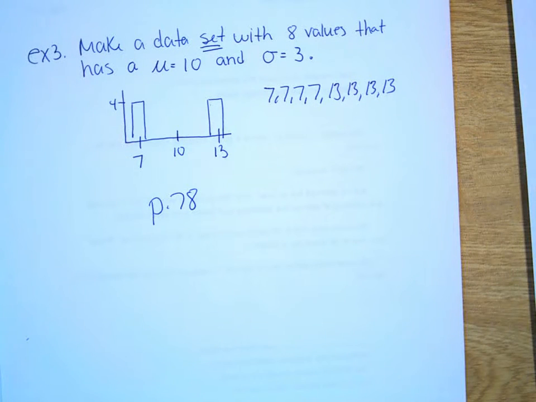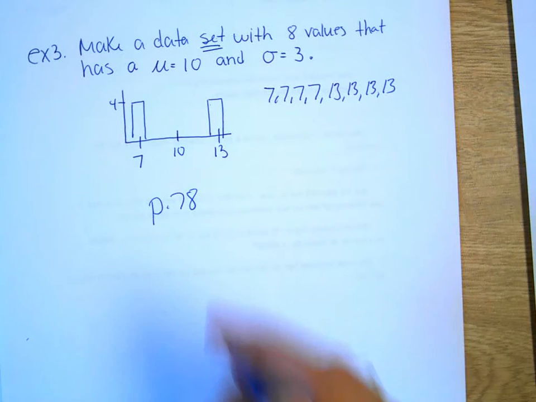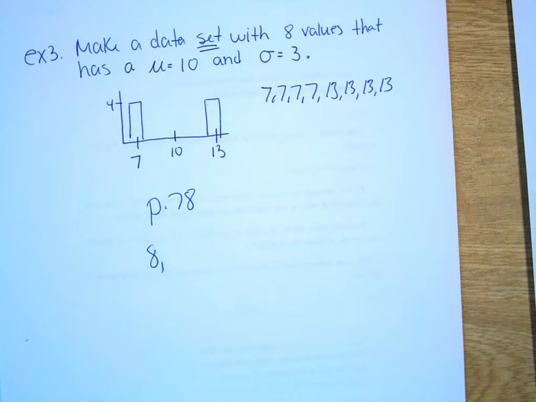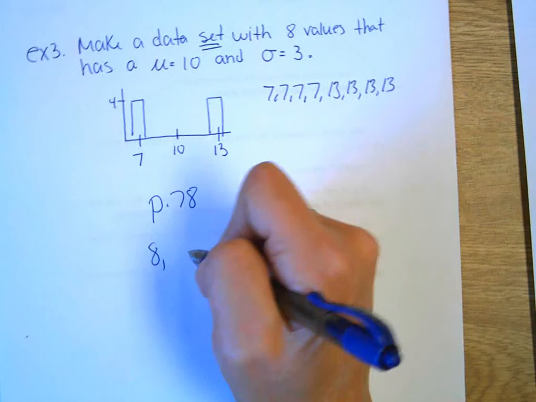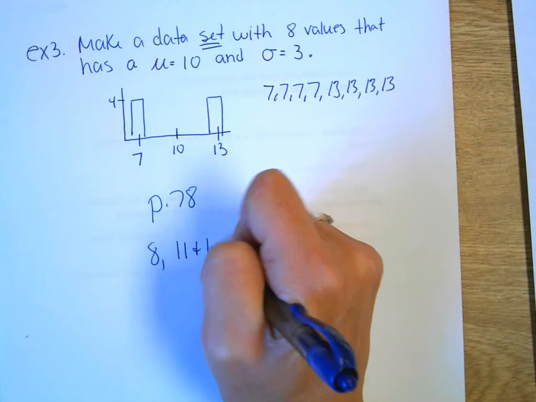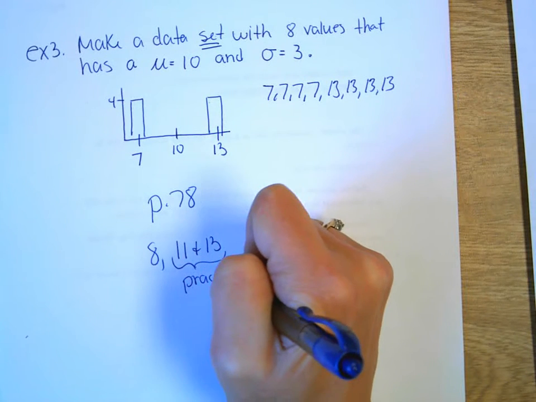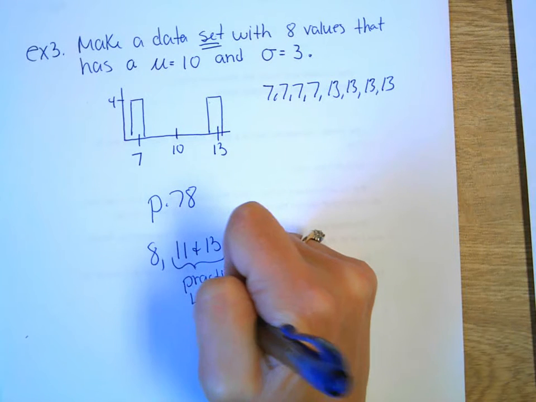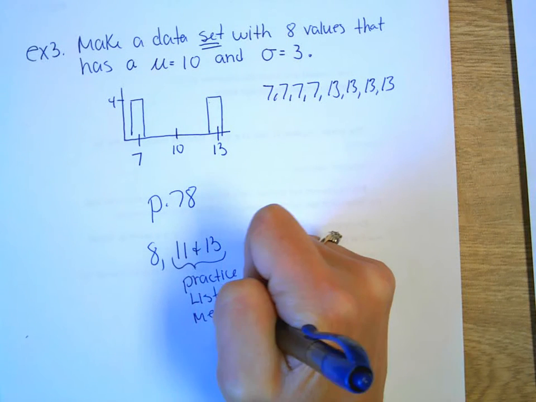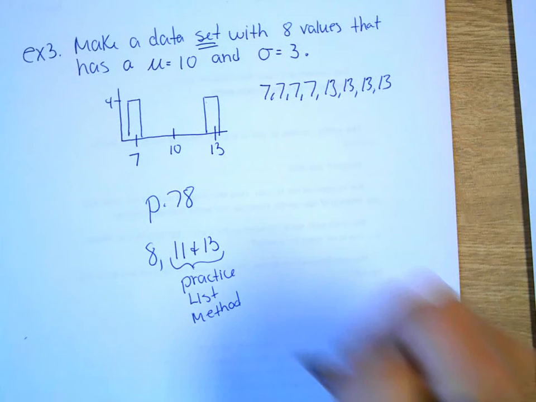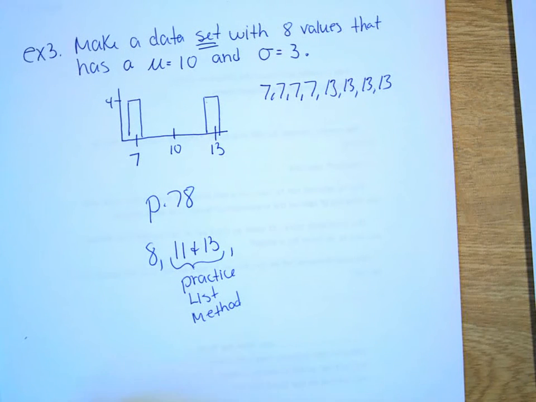Let's see, 8, 11 and 13. I want you to practice the list method from the day before's notes. And then the rest of this assignment, use the 1-bar stats.